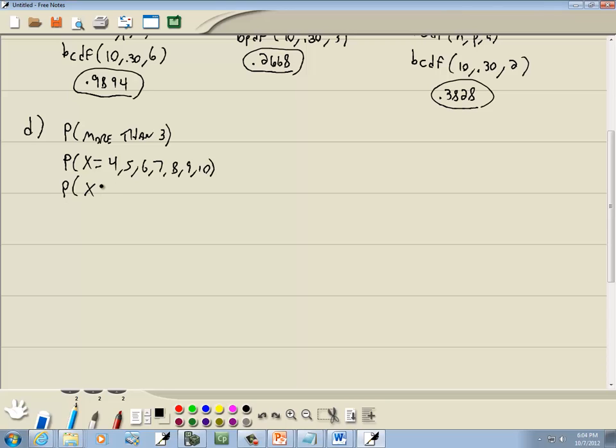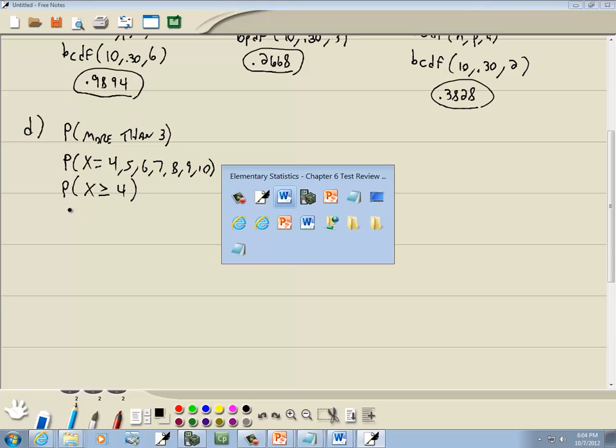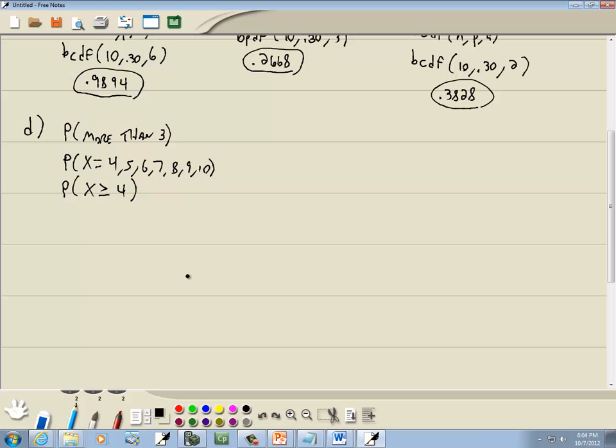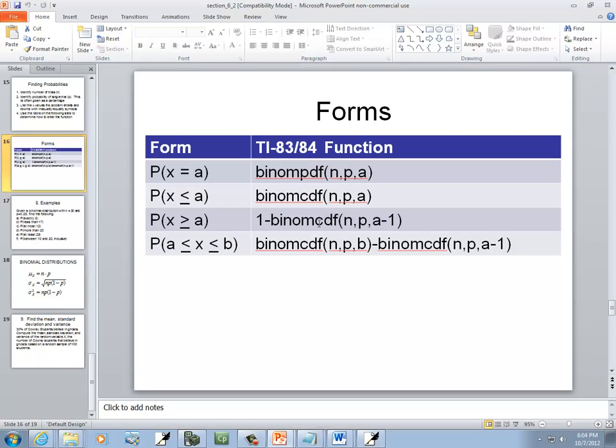Which, if I write that in inequality, that's x is greater than or equal to 4. Which matches our third form here. So this would be A. And third form says we rewrite this as 1 minus the binom CDF N, P, and then A minus 1. Right here.